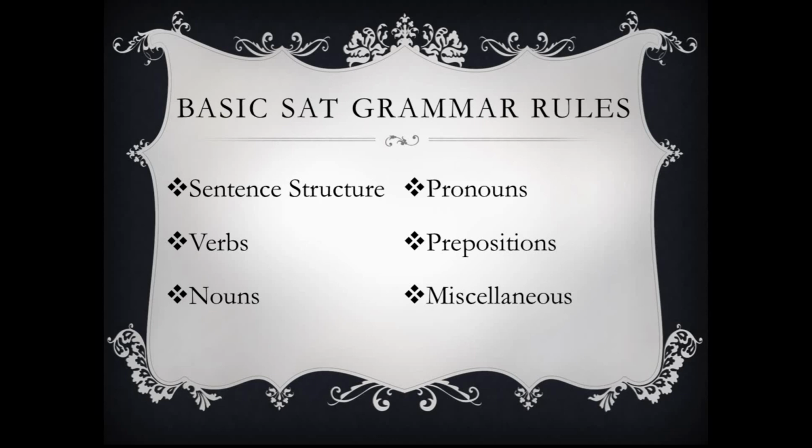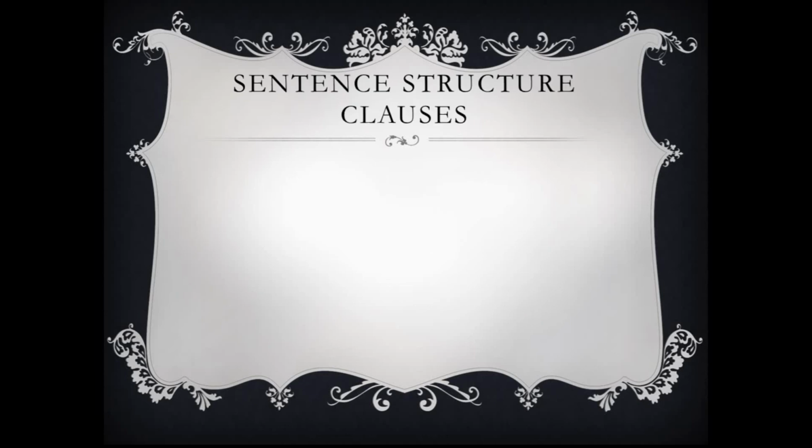Today we're going to focus mainly on sentence structure, and the next time we have class we will be doing work together and practicing putting to use our sentence structure rules. So one of the main things with sentence structure that the SAT purposely gets wrong or purposely creates errors in is a clause.